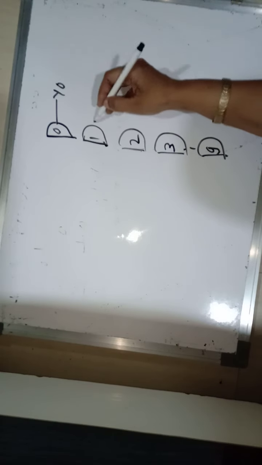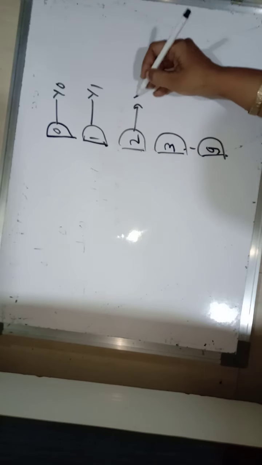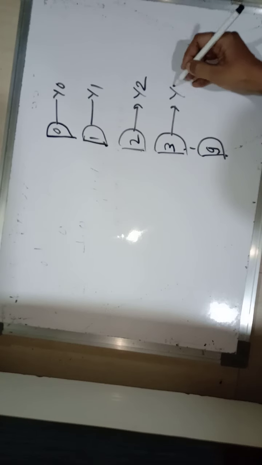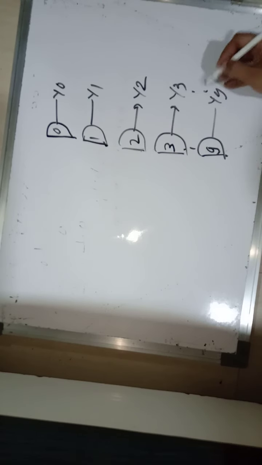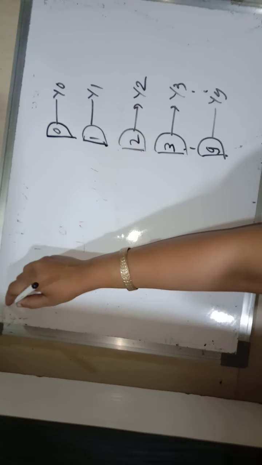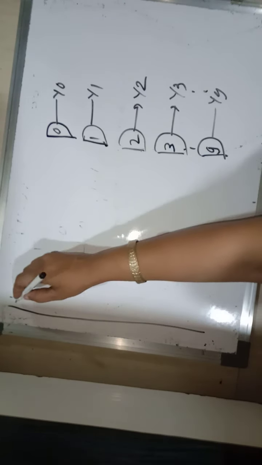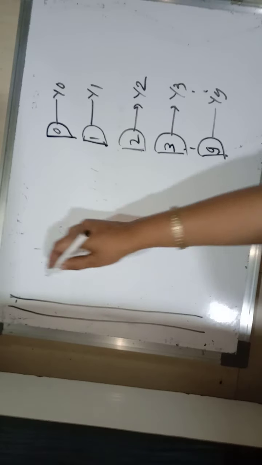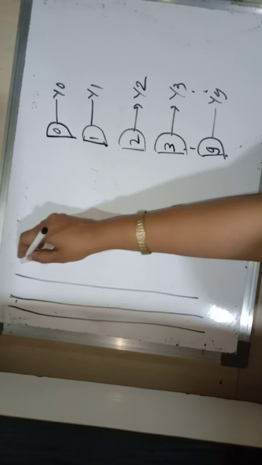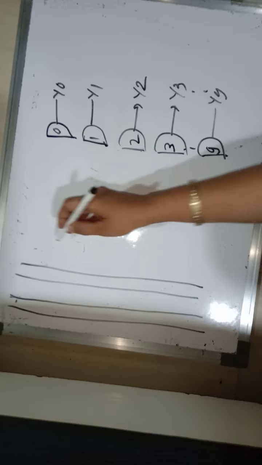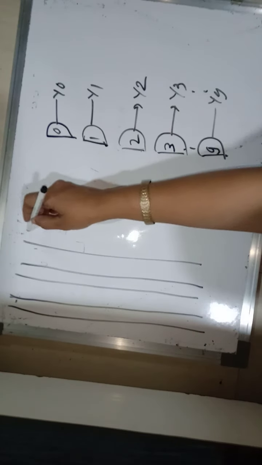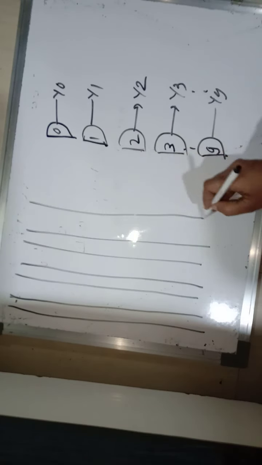So this is y0, y1, y2, y3 up to y9. Okay, so we have the 4 lines here, 1, 2, this is again 1, 2. Okay, 1, 2 and again 1, 2.